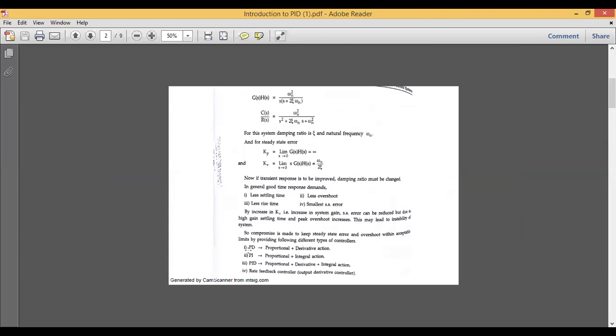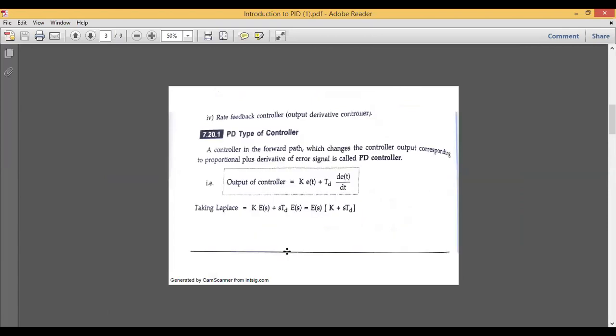Today we'll see one by one how the different types of controllers give you the transfer functions based on the applied input. The very first type of controller is the PD type of controller. P and D stand for proportional plus derivative.